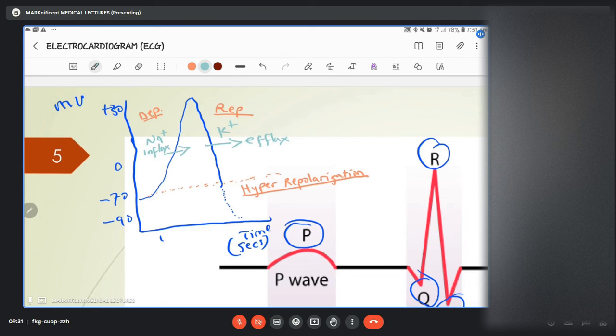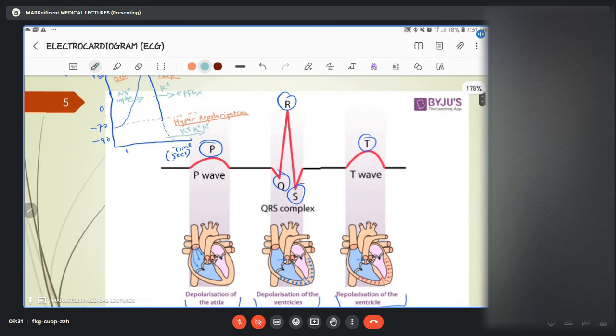Since potassium leaving causes repolarization, when there's excess potassium leaving, that is what causes the hyperpolarization. So I'm just trying to bring this back to revise with you all those concepts of depolarization.